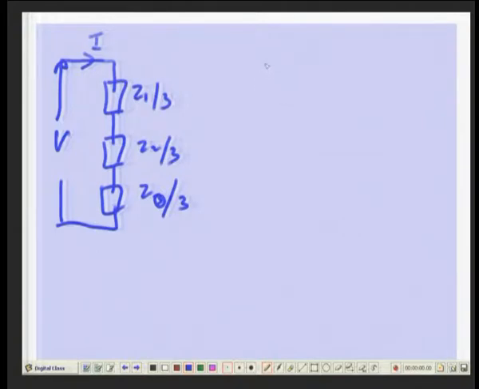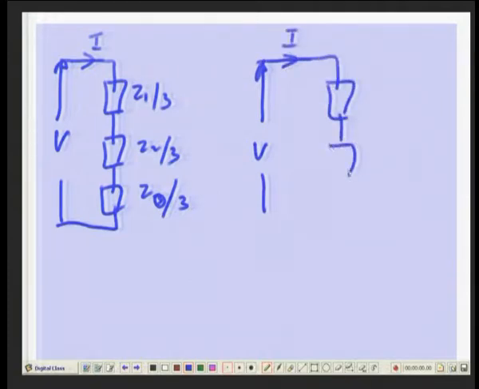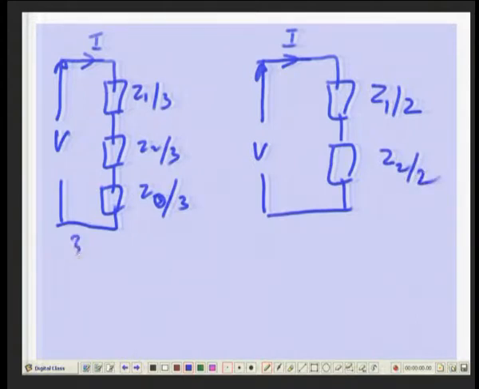And another time we said the same V and the same I gives Z1 by 2 and Z2 by 2. This is what we get if you use a 3 phase model or a 2 phase model. So, there apparently is some fallacy, right.